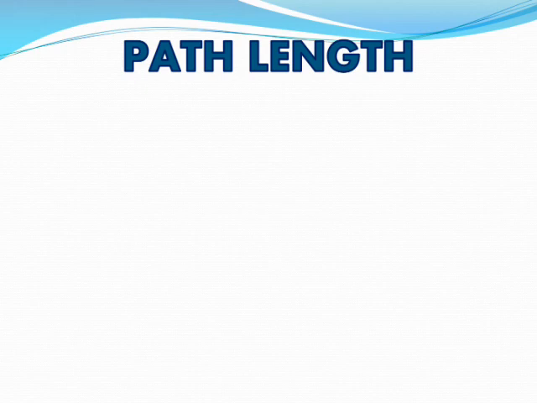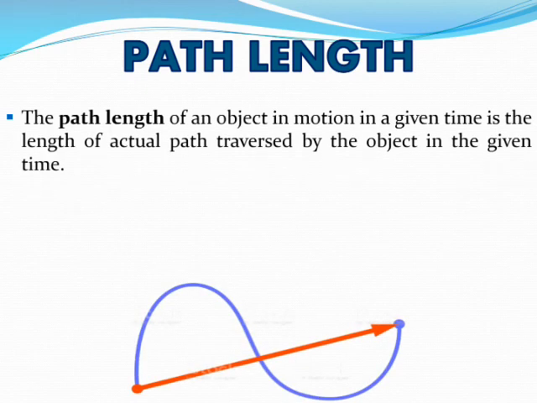Now, let's talk about path length. The path length of an object in motion in a given time is the length of the actual path traversed by the object in the given time. Or we can simply say the path length is the actual distance traveled by the object in the given time during motion.